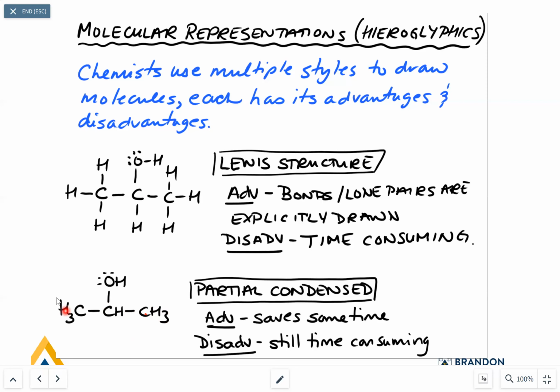Notice how I drew the H first and not CH3 and then the bond, because sometimes you can get into some connectivity issues here. This partially condensed structure certainly saves some time, but it's still time consuming to draw, and things can get confusing with the connectivity of the atoms.